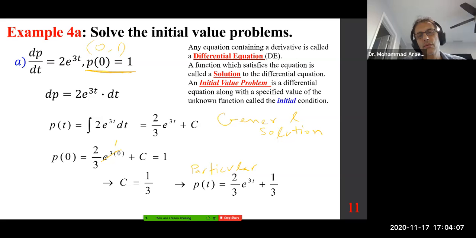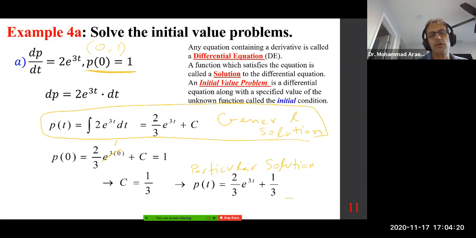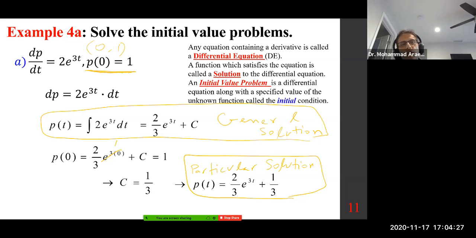Cool. Why is it? Because now we know what's the constant. So over here is a general solution. Over here is one specific solution or a particular solution. Okay, class?